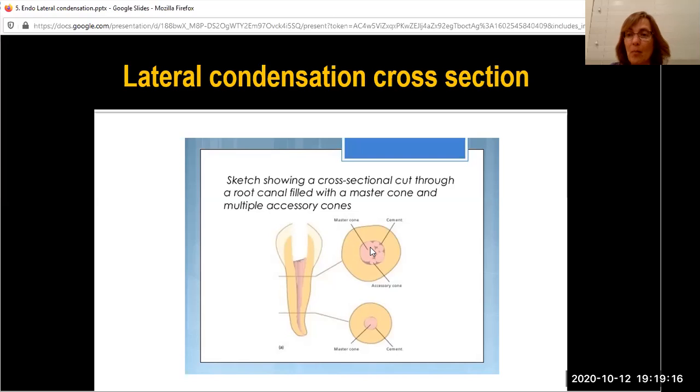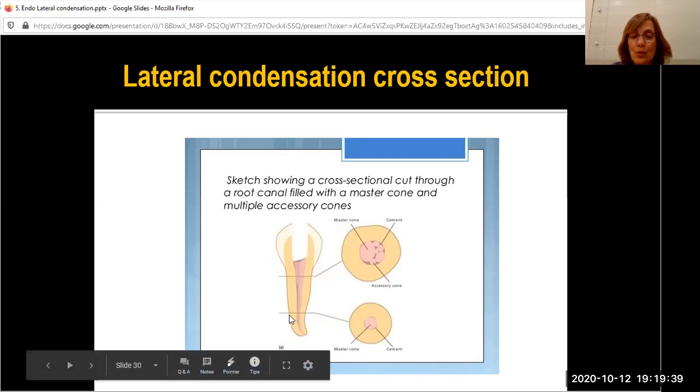It has a buoyancy, and you do not want just Gutta Percha against the root, the dentin, the cementum. You want the internal sealer to be sealing this area.